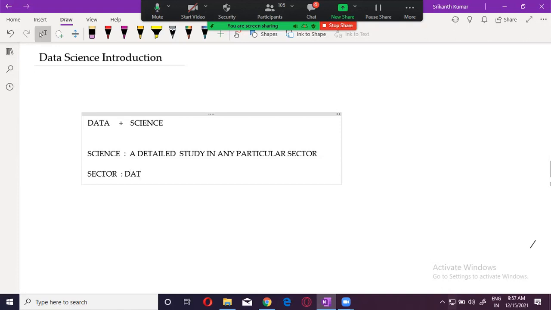If you take it, guys, if you're doing a detailed study on chemicals, it is called chemistry. That is a science. If you do it for any sector you take, that is called science. Science is a very general word. Now we are doing a detailed study on data, that is called data science. That is what it is saying.